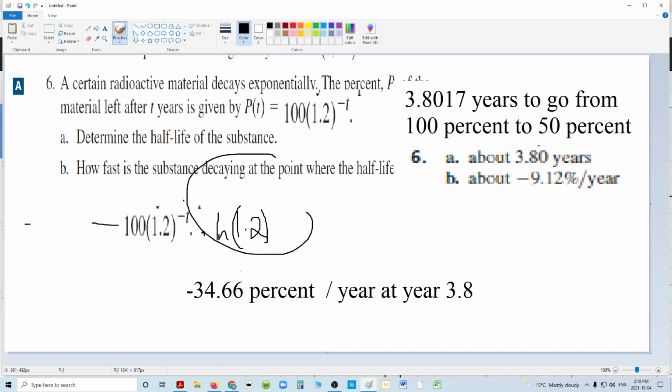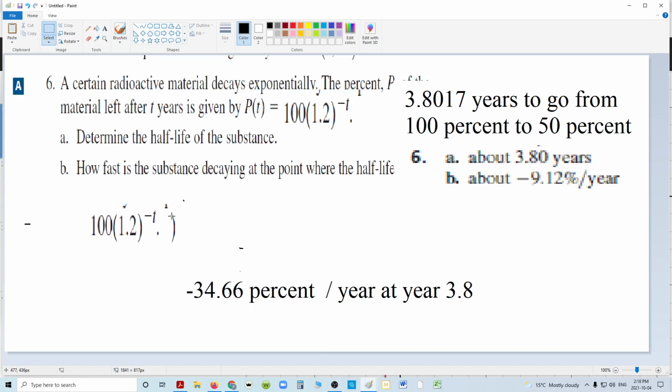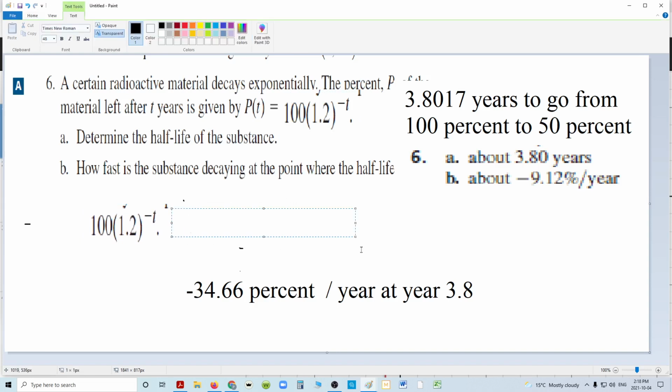How fast? Let's try the derivative of this again. The derivative of that is going to be that times the ln of 1.2 times -1. And that's when I have -3.8 years.